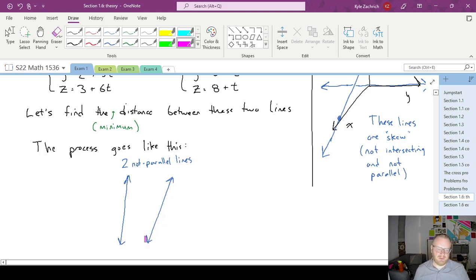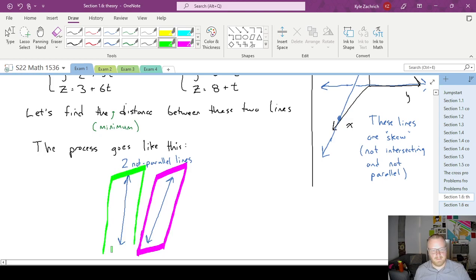So what we can do, let's create plane 1 and plane 2.